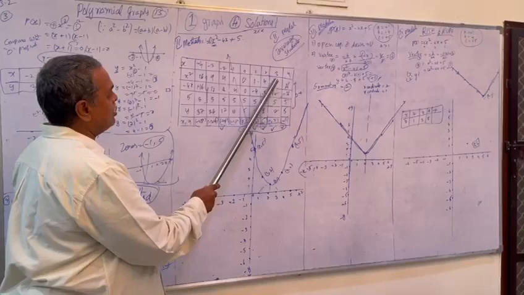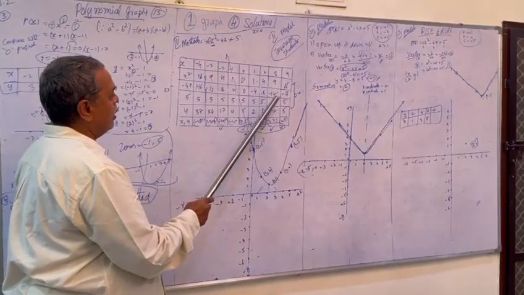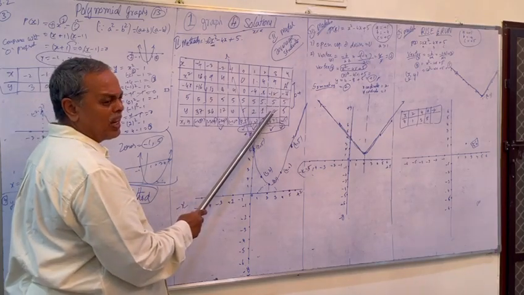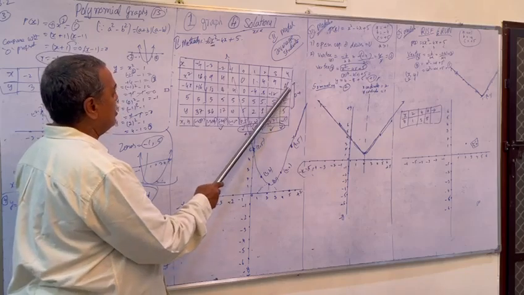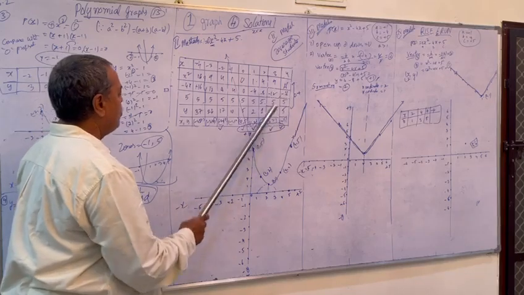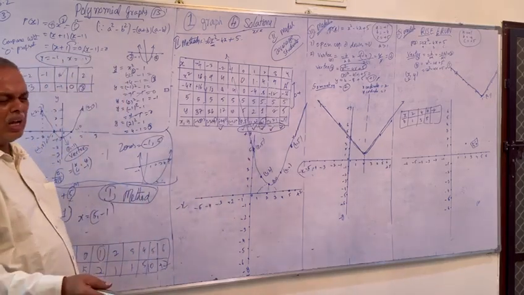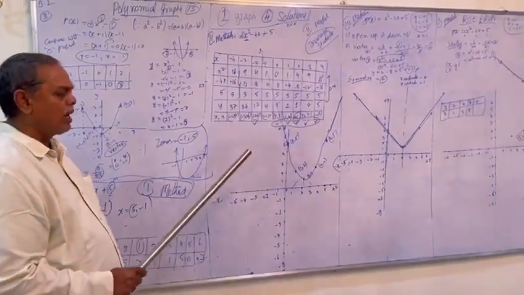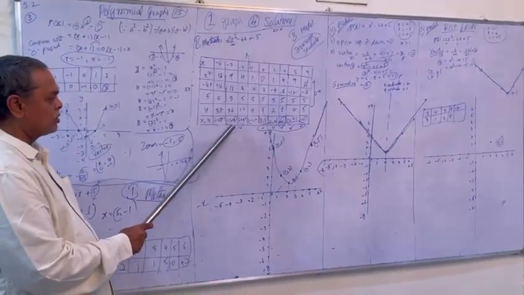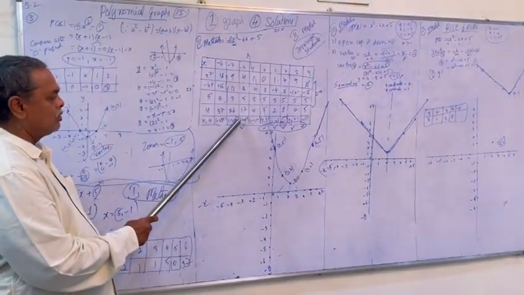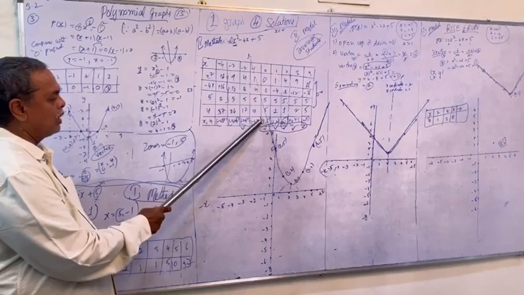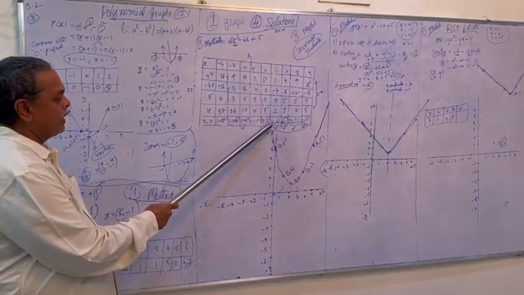Then x square 3 threes are 9, plus 5 is 14, minus 12 is 2. Next x square 16 minus 16 is 0, plus 5 is equal to 5. Observe it, raise your head. X is minus 4, y is 37. X is minus 3 and y is 26. X is minus 2 and y is 17. Minus 1, 10. Here x 0, y 5.